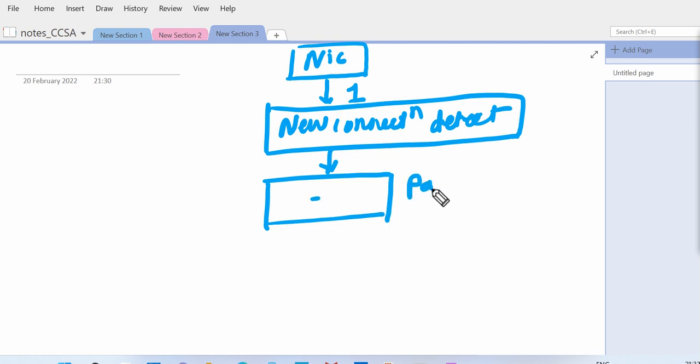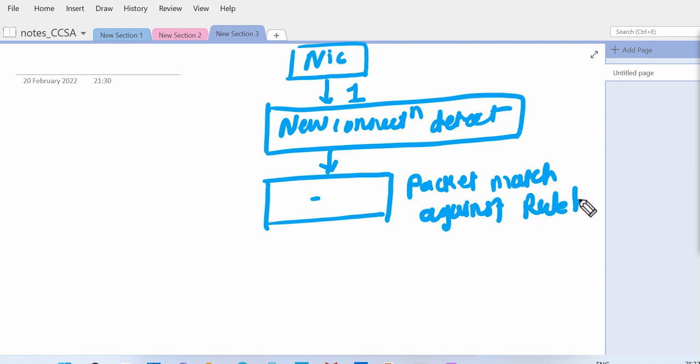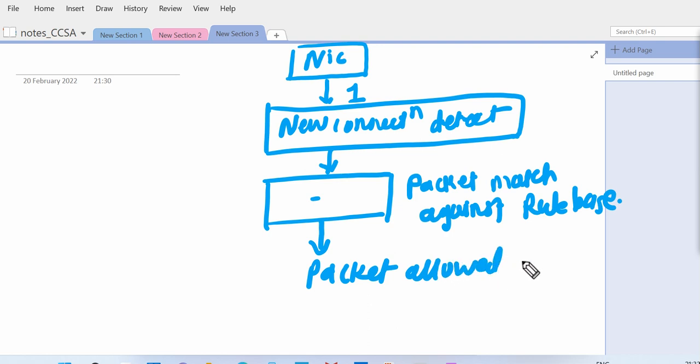Here the packet is matched against the rule base, and based on this decision the packet is either allowed or denied.